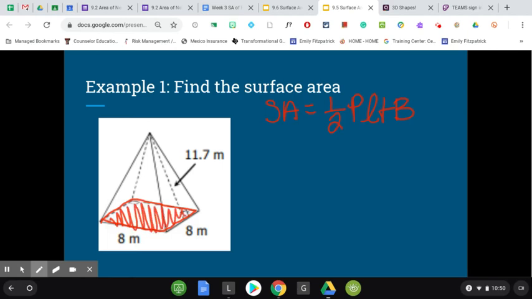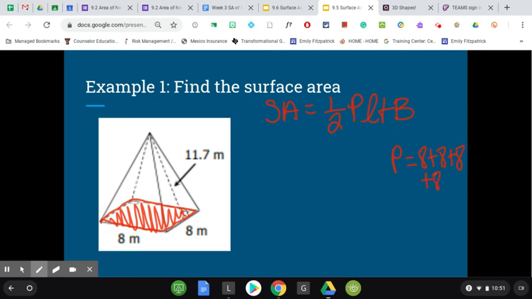Okay, so the P is the perimeter of the base. I want the perimeter of that square. How do we find the perimeter of anything? We find the perimeter by adding up all the sides. So since it's a square, I know all 4 sides are 8. So I'm going to do 8 plus 8 plus 8 plus 8, or you could do 8 times 4. This time I'm just going to add them.